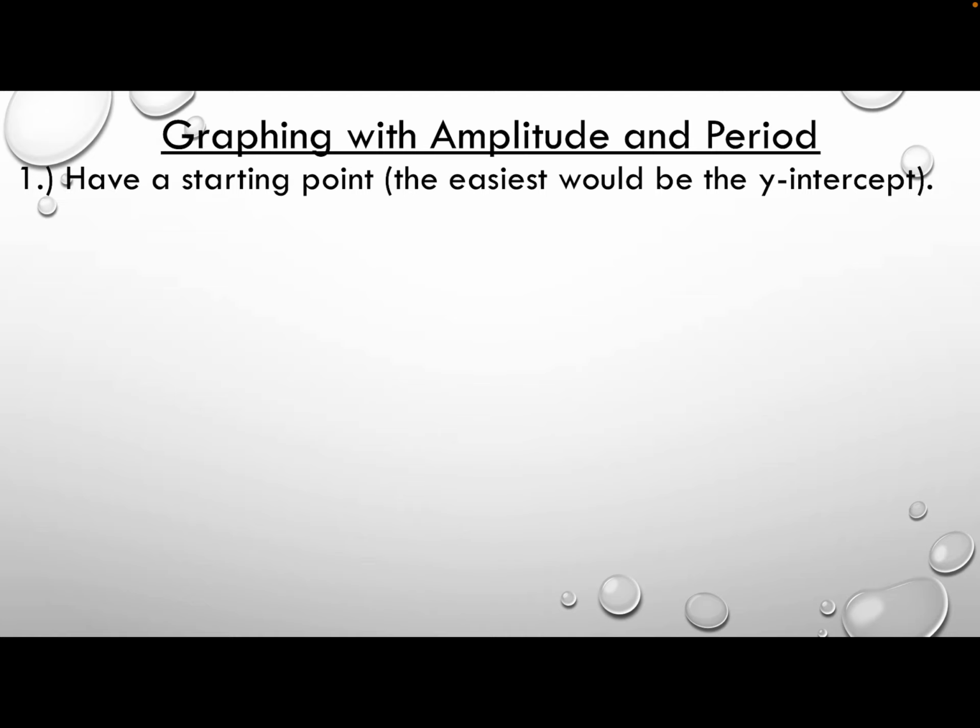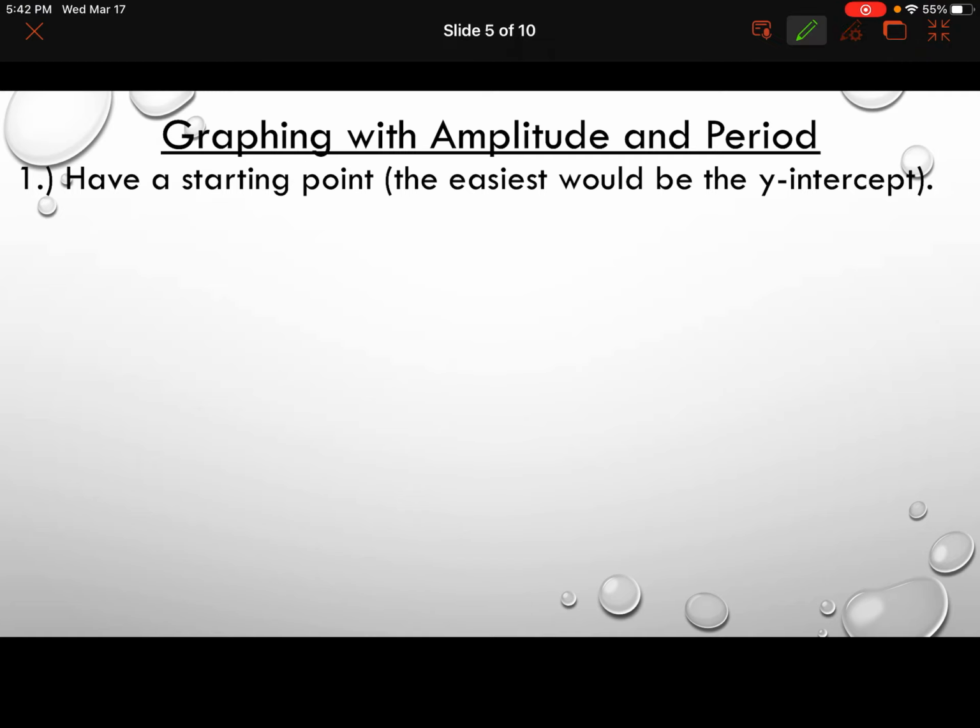So the first step in using this strategy is to choose a starting point. The easiest is the y-intercept, which is when x equals 0. When x equals 0, what is the function equal to? That's typically a good starting point.